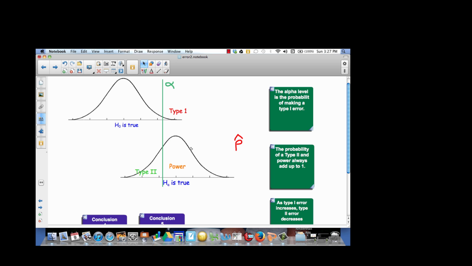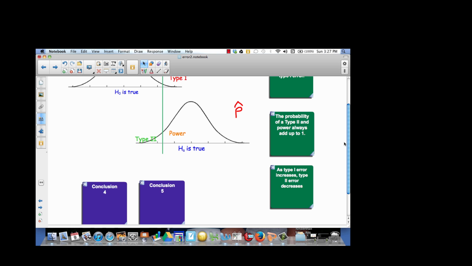The more different the alternative is, you could see that the power on the bottom of the graph is getting larger and larger. And that's because the more wrong something is, the more likely you are to recognize that it's wrong. So our next conclusion is that the more wrong the null is, the larger the power is.